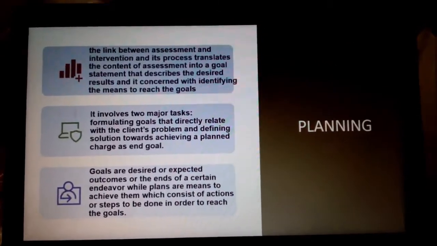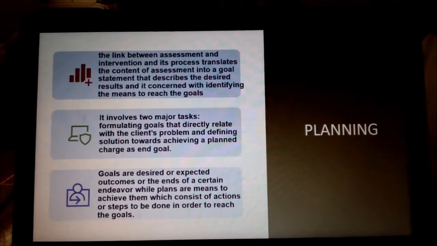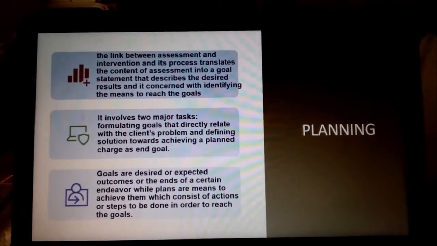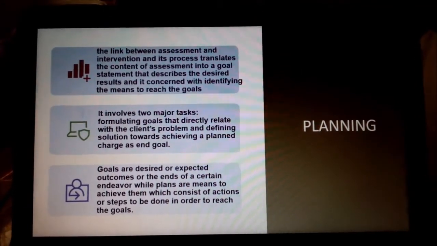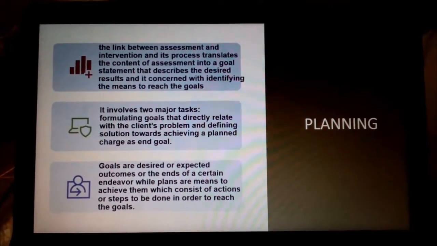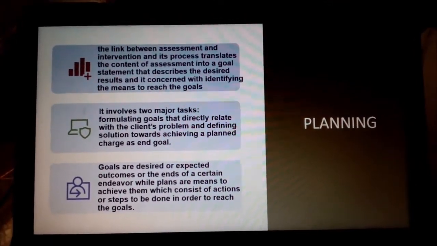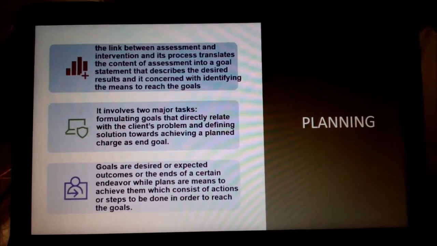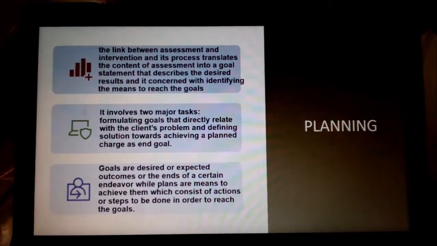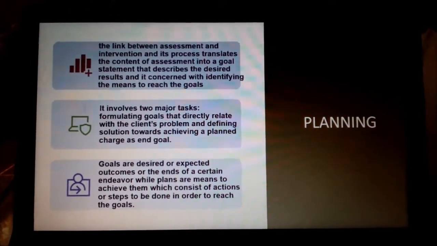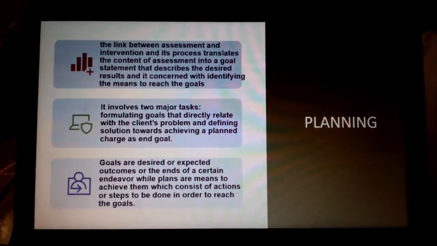Next, the first one is assessment, the second one is planning. We all know that from the word itself, planning is the link between assessment and intervention, because before you implement the process, you need to undergo planning. Why? Because the process translates the content of assessment into a goal statement.